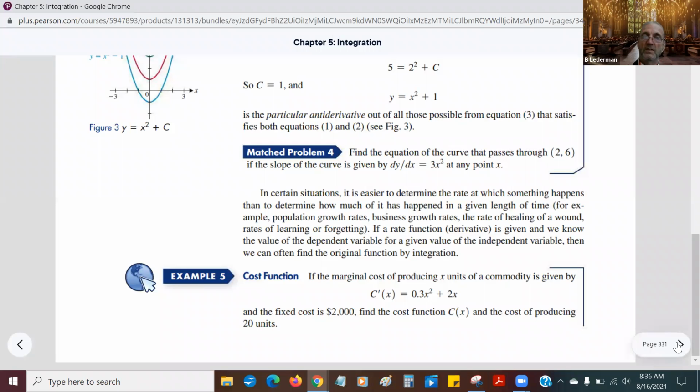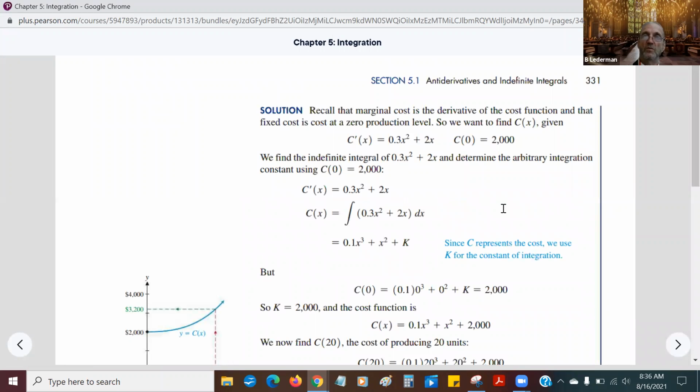So we know that C prime of x is equal to 0.3x squared plus 2x. We know that if I plug in 0, I get 2,000, because even if you do absolutely nothing, it costs you $2,000. That's what fixed cost is. In other words, I have to rent the factory, whether I make 1 bicycle or 1,000 bicycles. I have to pay the same rent on the factory, or something like that.